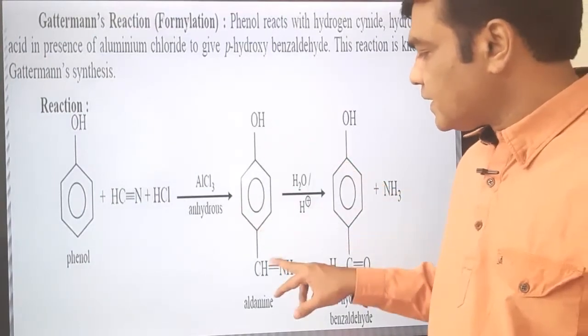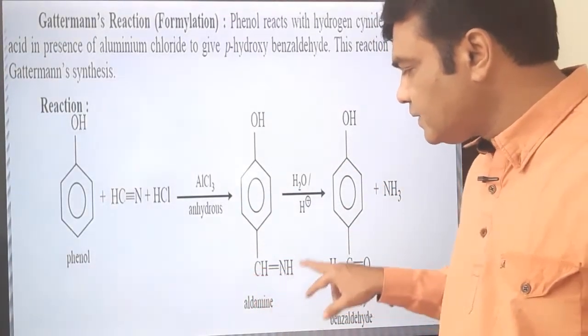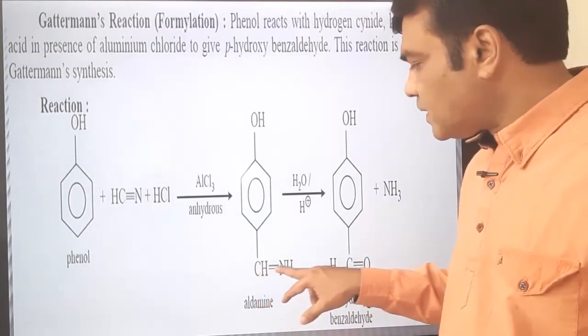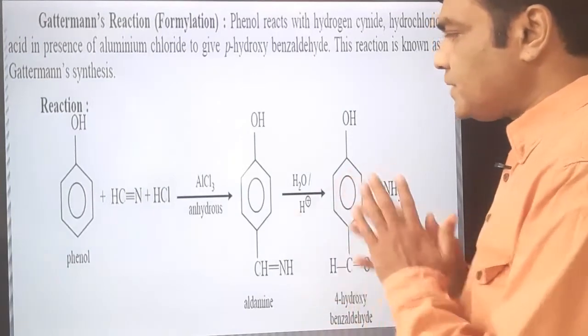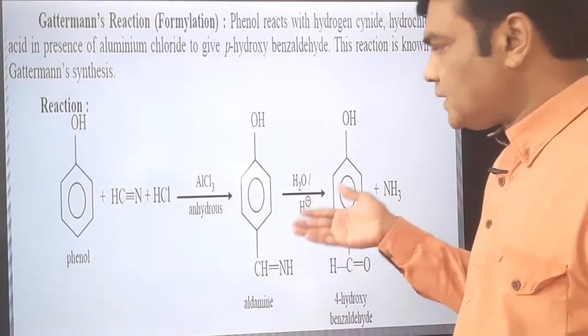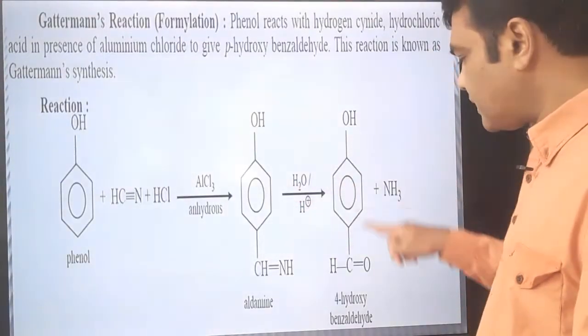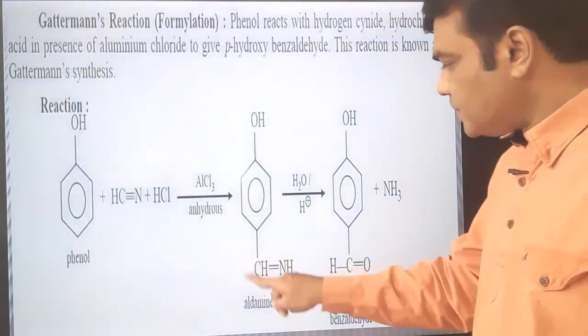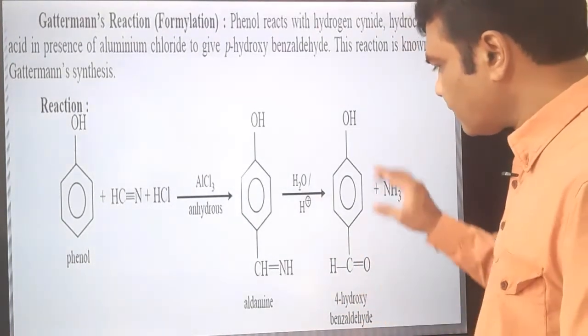First we get the aldimine, it is an imine because a carbon nitrogen double bond is there. This is the intermediate, and on acid hydrolysis the aldimine group is converted into the aldehyde group, and we get 4-hydroxybenzaldehyde.